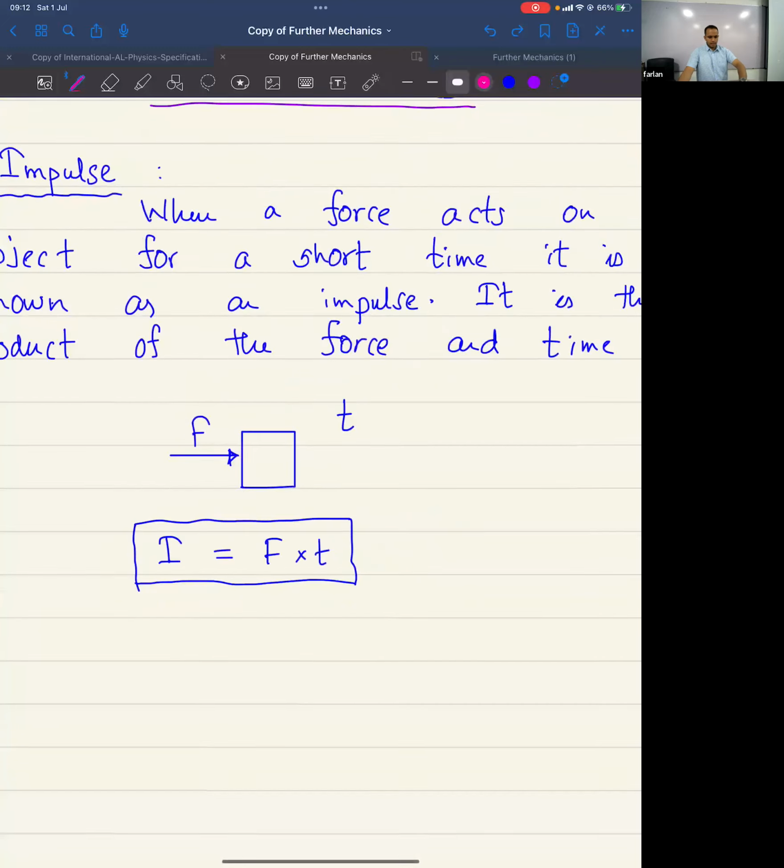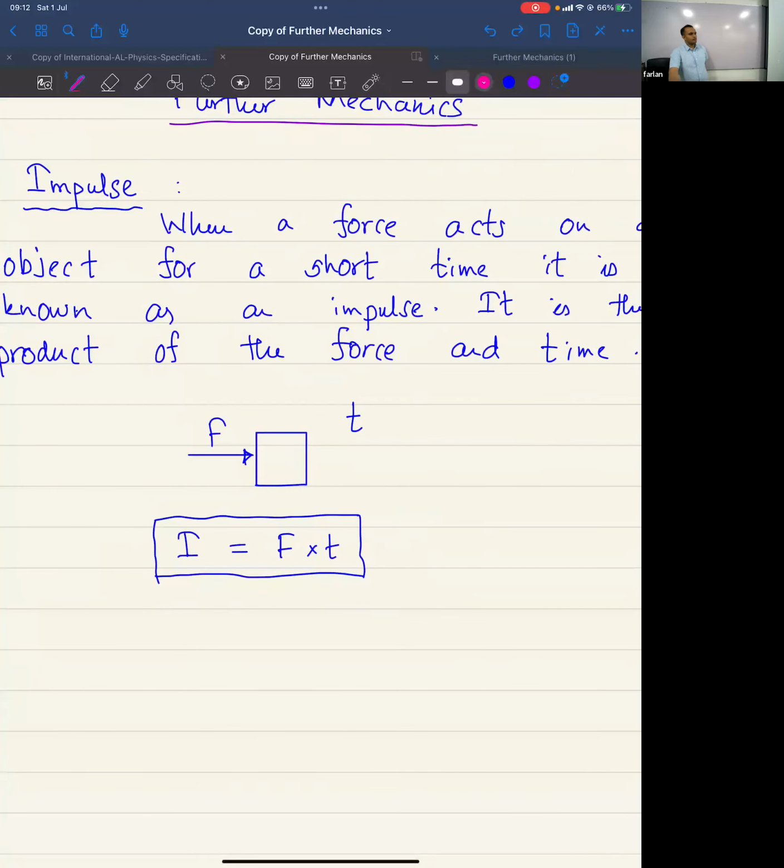And then guys, take down this. A force of F is acting on an object for a time t. Then the impulse is denoted by I. I equals F into t.